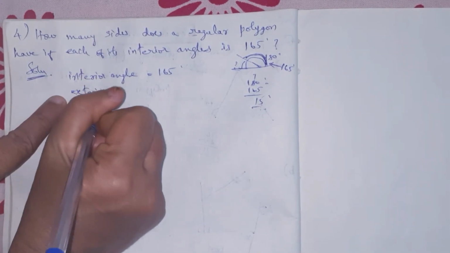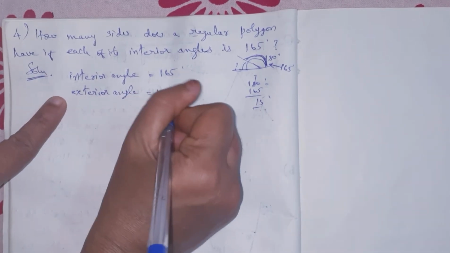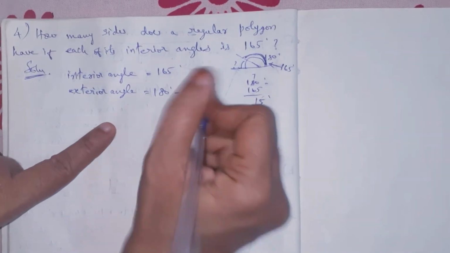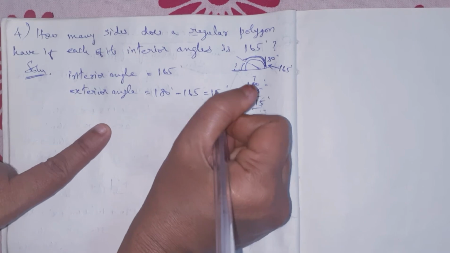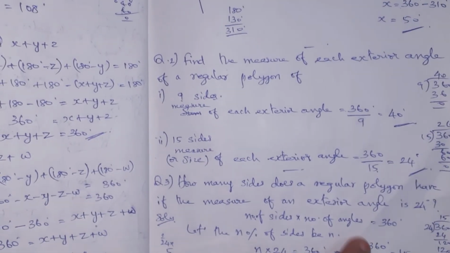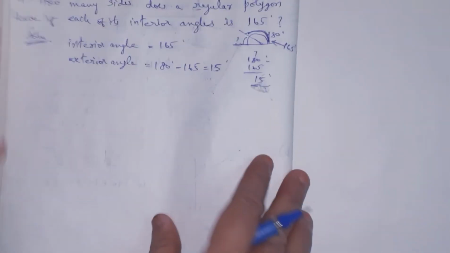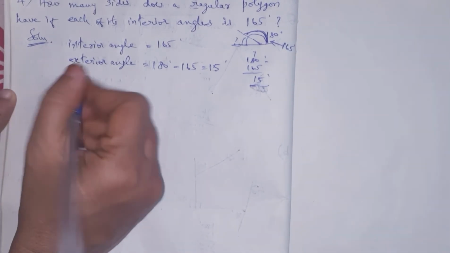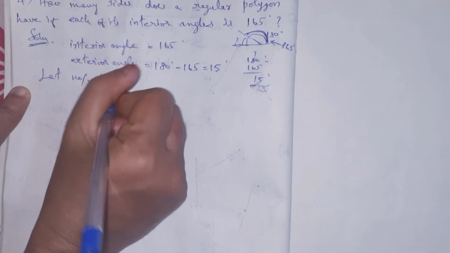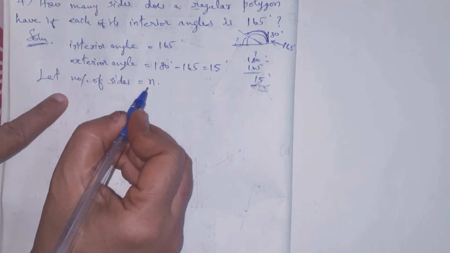Exterior angle equals 180 minus 165, that is 15 degrees. Let the number of sides be n.